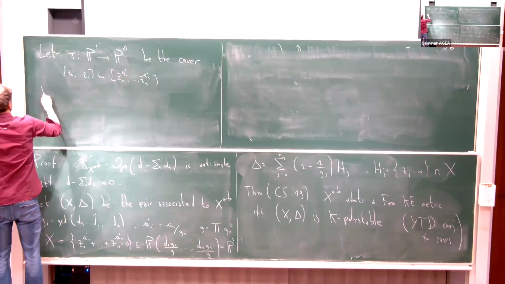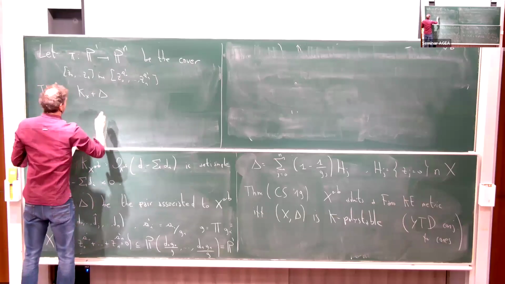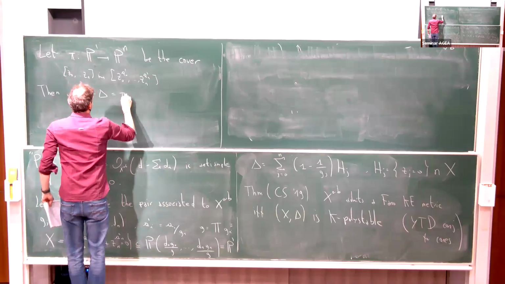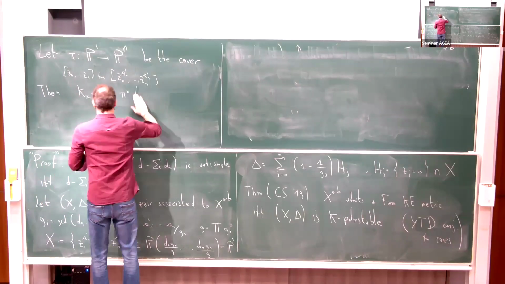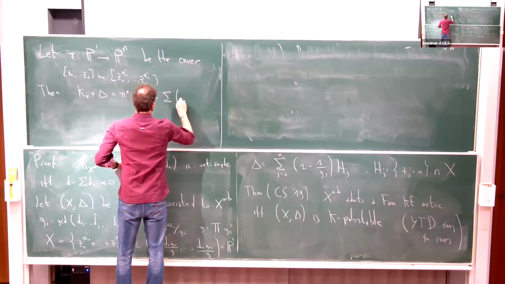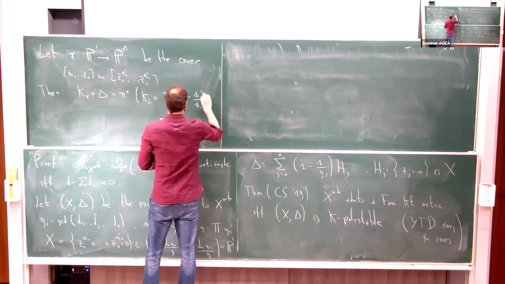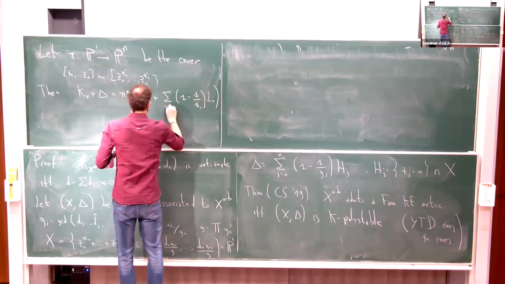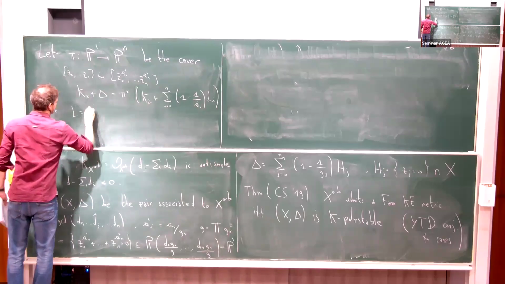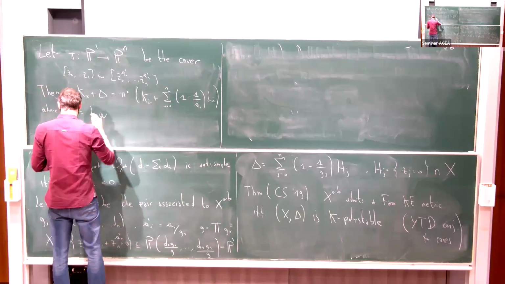Now it's easy to check. Then our x lives here, and this guy is just the pullback of KL plus the sum of 1 minus Li, where now L is just, in this projective space, a linear subspace.